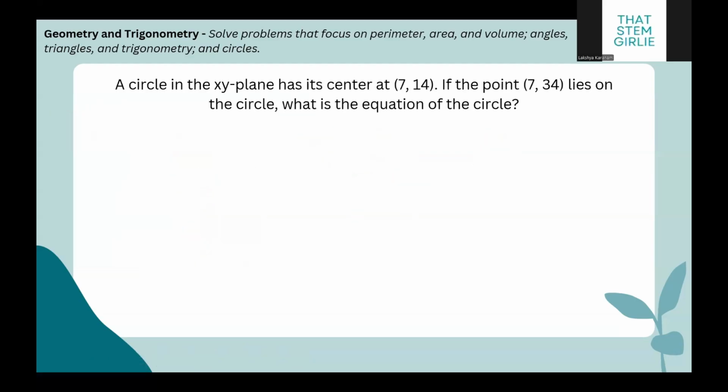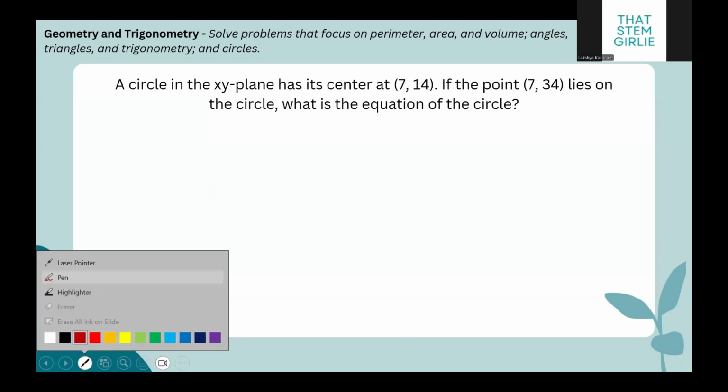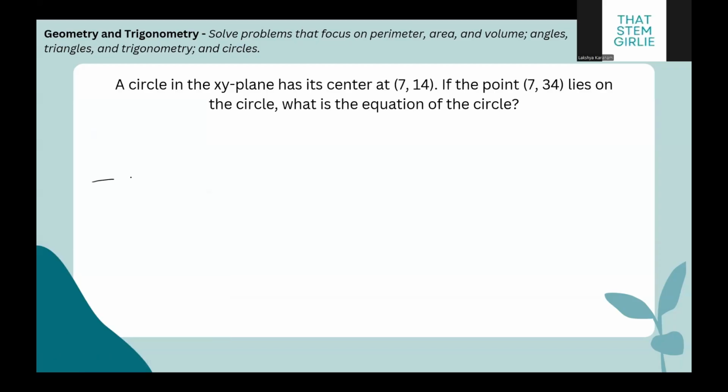Okay. A circle in the xy plane has its center at 7, 14. If the point 7 comma 34 lies on the circle, what is the equation of the circle? So what it's telling you here is, if this is your XY coordinate plane, and I guess it's somewhere over here, this is the center of your circle at 7 comma 14.